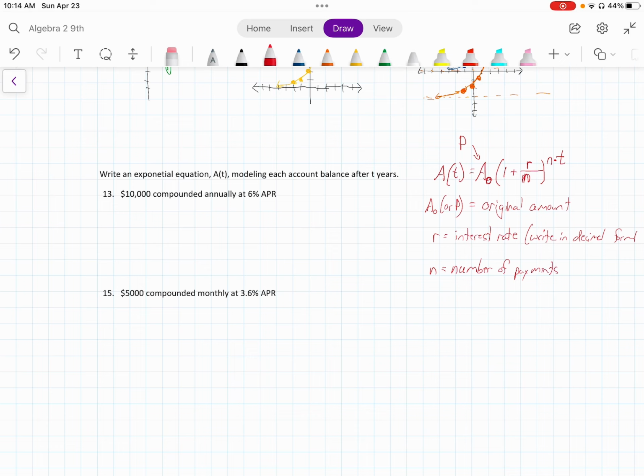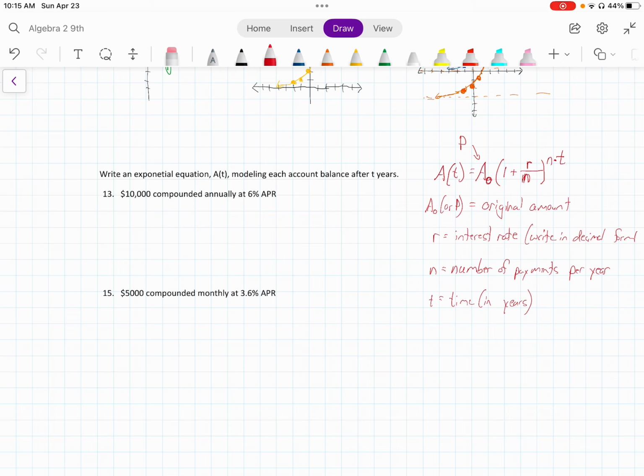So if it's quarterly, that's 4 payments per year. Annually is just 1 payment per year. Monthly is 12 payments per year. Daily is 365 payments per year. And then T is just the time in years, which can sometimes be tricky if it gives you half a year or 6 months. It's not that tricky. 6 months is half a year.